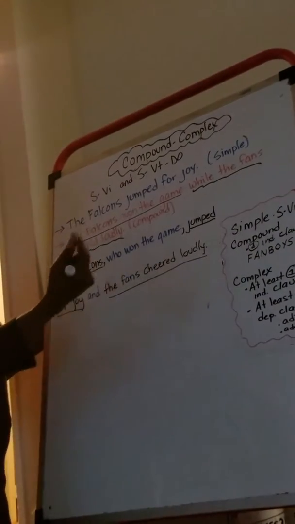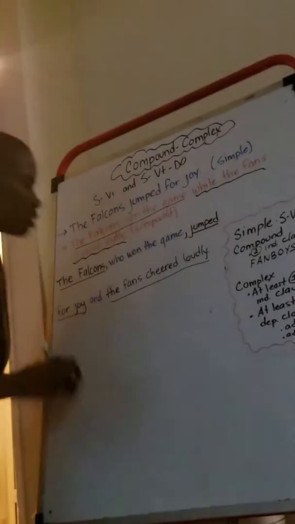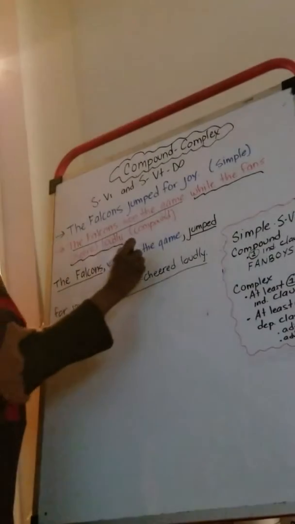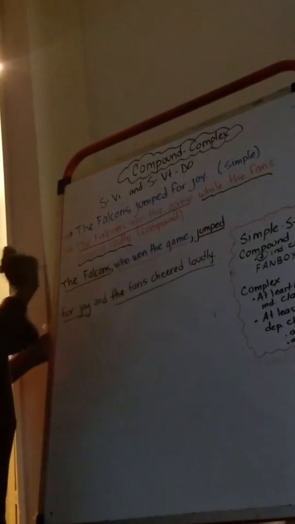And last, my dependent clause would be a who, which clause, or an adjectival clause. I'm going to do that in another color, and that would be who won the game. So there I have my two independent clauses and then my one dependent clause, which makes my compound complex sentence structure.